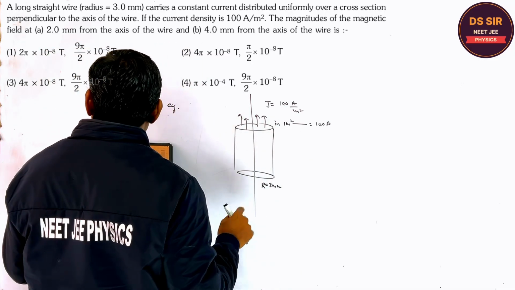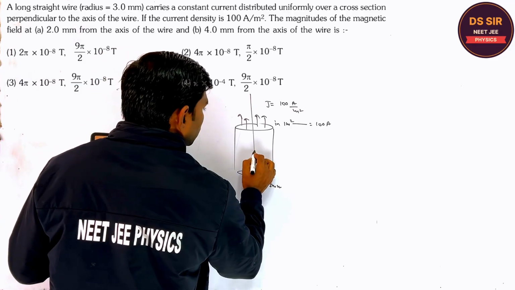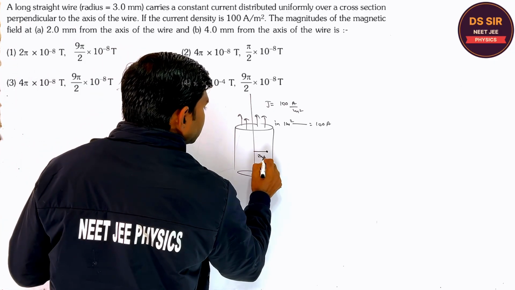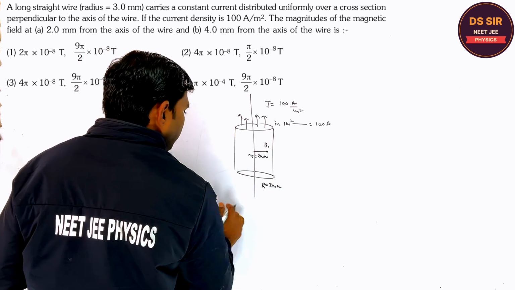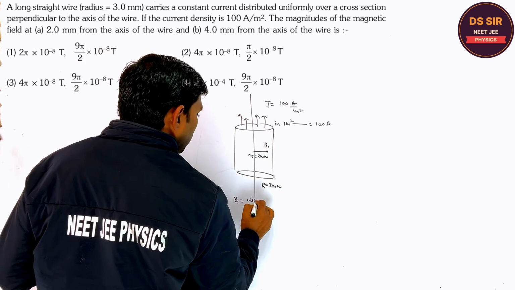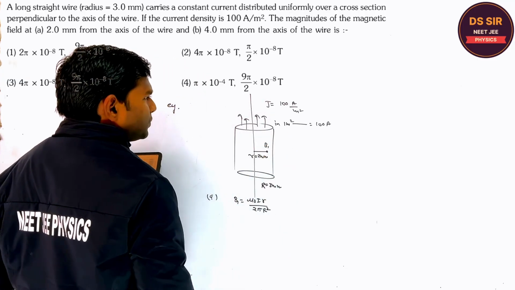The magnitude of the magnetic field at the A part, 2 millimeter. 2 millimeter is inside. Fine. This is the B1. So for the B1, what formula will you apply? Mu naught I r upon 2 pi R square, right?